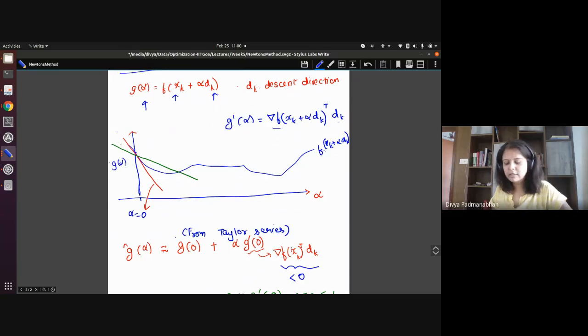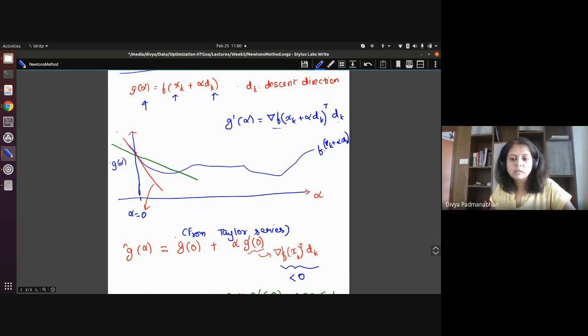From what we did about 2-3 classes back, we said that dk is a descent direction if you have this condition. So since this is a descent direction, this is less than 0. So this is the slope of this line, right? This is a linear function in alpha, and the intercept is this g of 0.